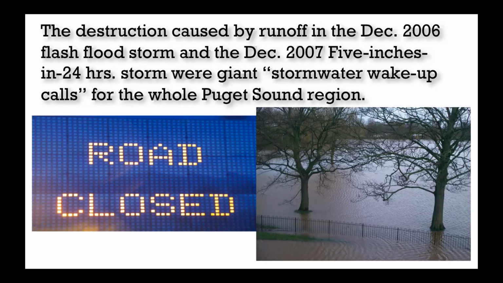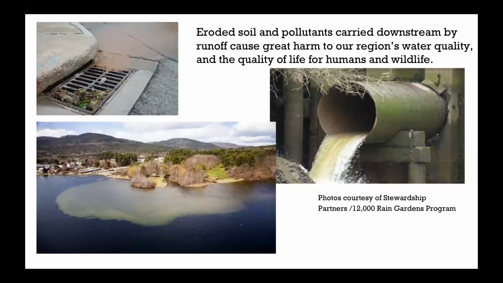And then the following December, we had a huge storm that flooded an enormous amount of acreage in the 3-county area in Western Washington. And it really was a wake-up call for the whole region.